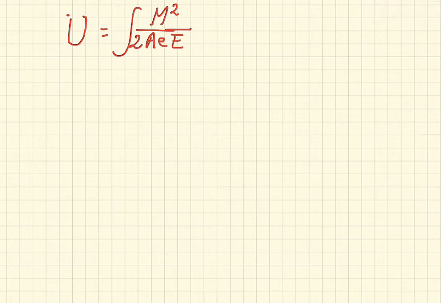And we used to have R d theta, but then we see that the R just cancels out with the bottom, and then we have just integration over theta. So this form of the energy stored will be for a curved beam.